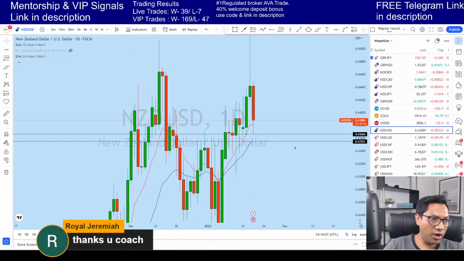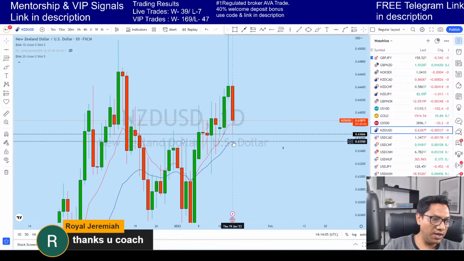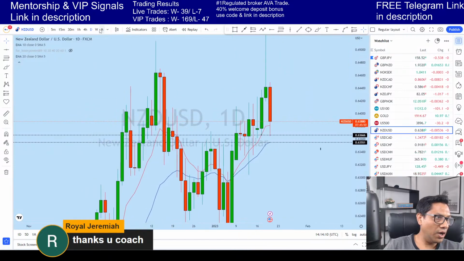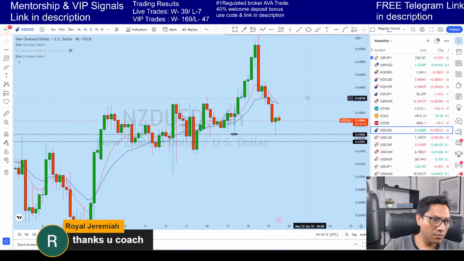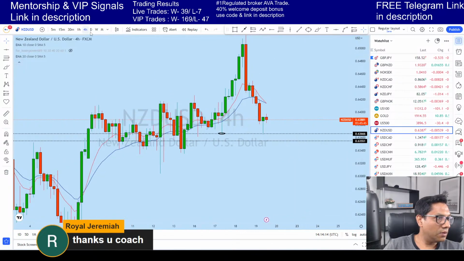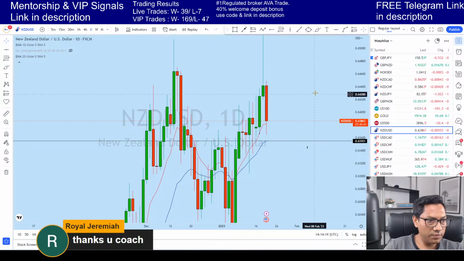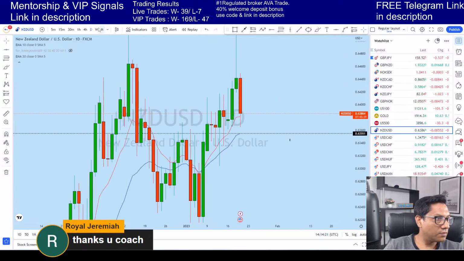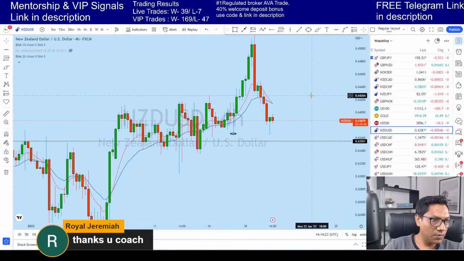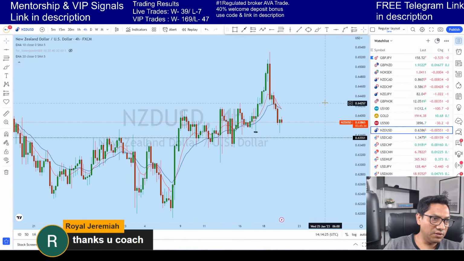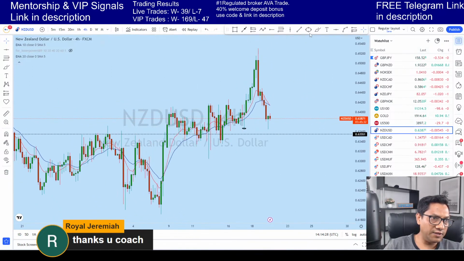I'll be a bit happier to see this instrument test the daily 20 MA, which is very possible to happen. Look at this one here. NZD/USD, the way it has dropped, I think it will come back to the daily 20 MA along this zone. Around this zone we will find a bullish trade setup.